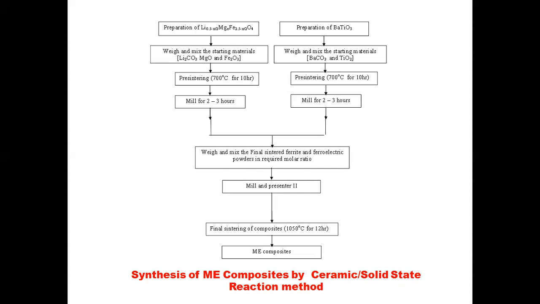So that is why around 600 to 700 degrees centigrade should be the pre-sintering temperature, and the time will be generally of the order of 10 hours.